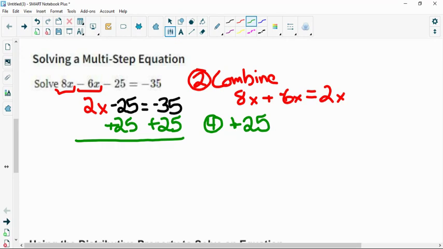Negative 25 plus 25 is 0. So my 2x is what remains. And I have negative 35 plus 25. Negative 35 plus 25 is negative 10.